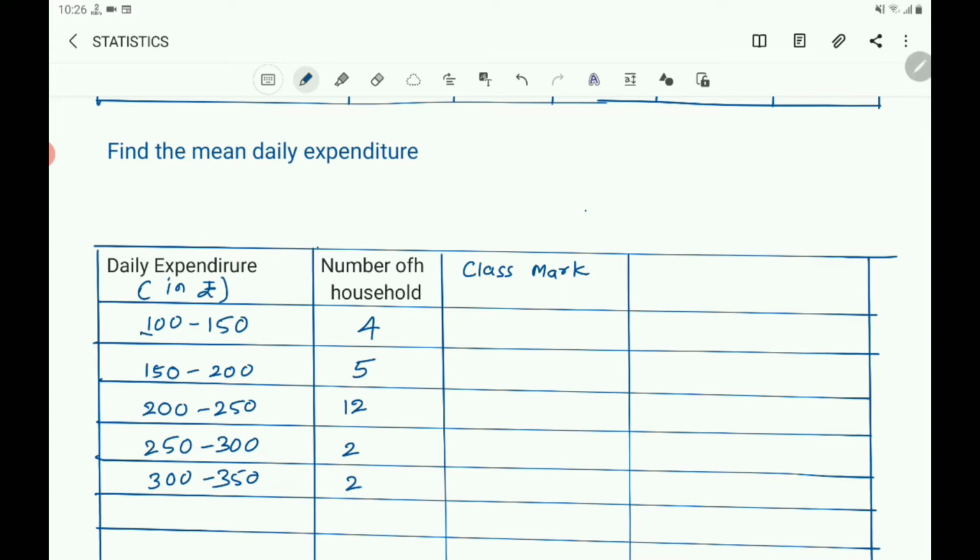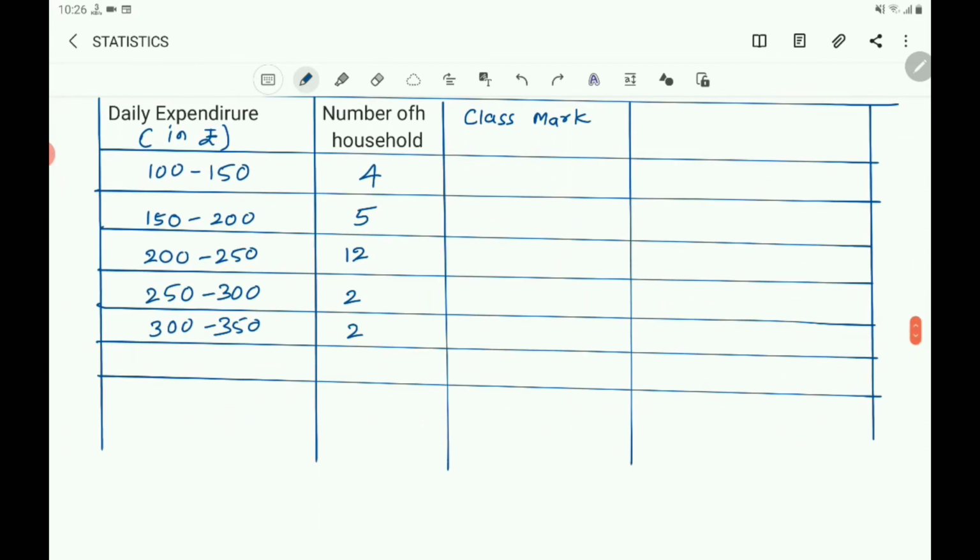Here the class mark of 100 to 150 is 150 plus 100 divided by 2, that equals 250 by 2, you will get 125. The first class mark is 125. Now here class width or size of the class is 50.